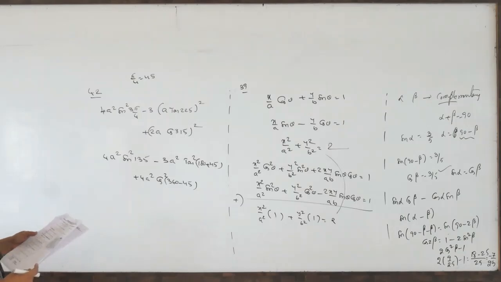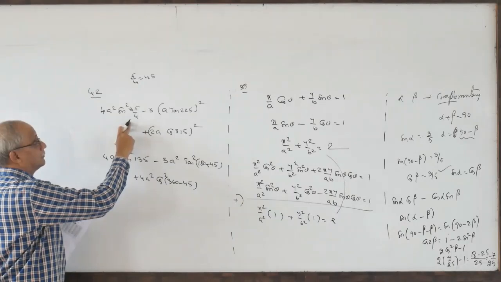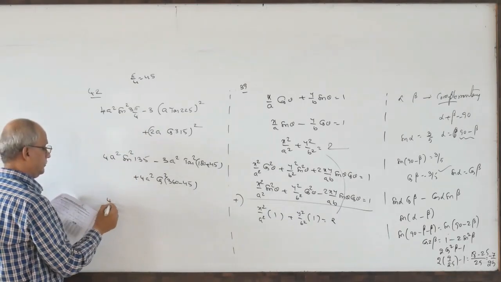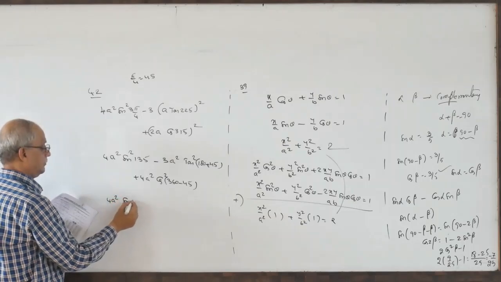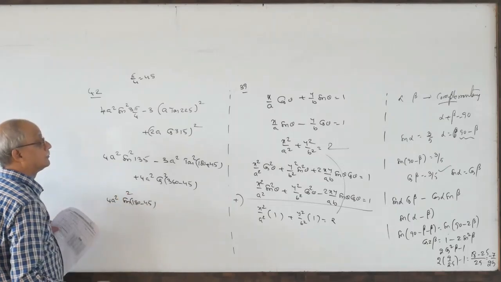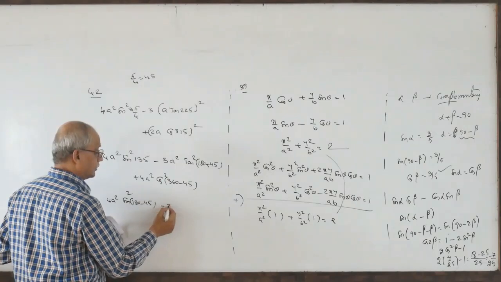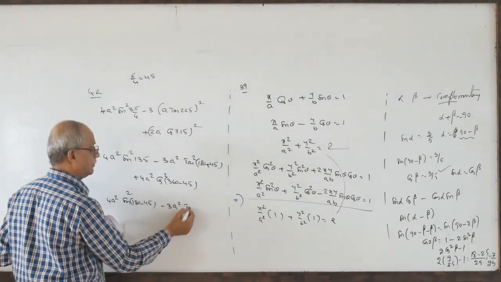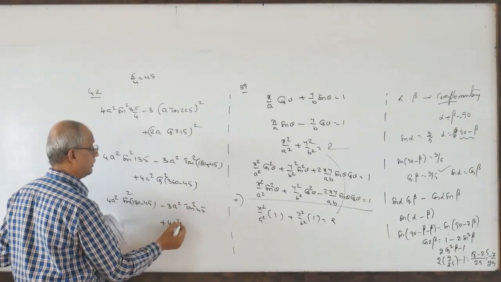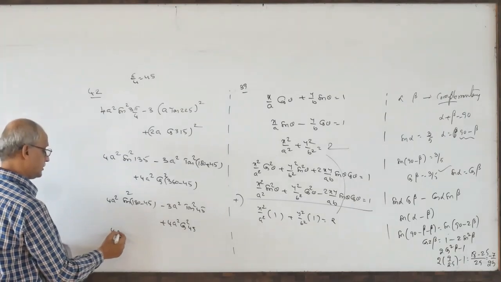Sin square 135 is sin square (180 minus 45); and for 360 minus 45 you have the same function, as I told you. 3a square tan square, and 4a square cos square. This is also 4a square sin square 45.